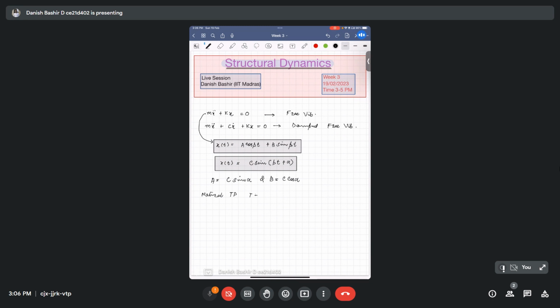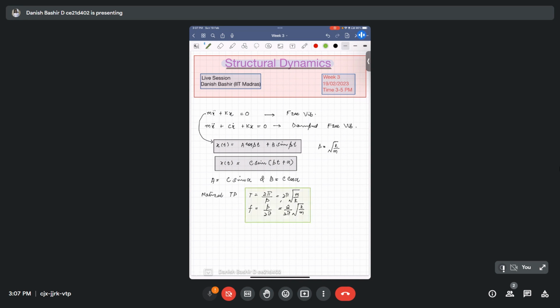Natural time period we obtain as T is equal to 2 pi by p, and p is equal to under root k by m, the coefficient of the stiffness term divided by the coefficient of the inertia term. So T is 2 pi root m by k, and the corresponding frequency will be p upon 2 pi, that is 1 by 2 pi root k by m. This we derived last week.